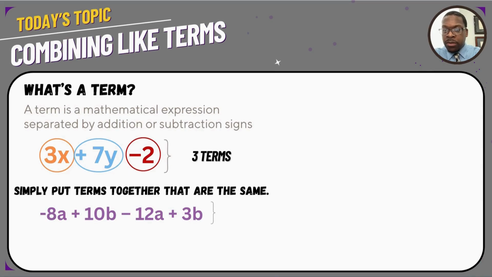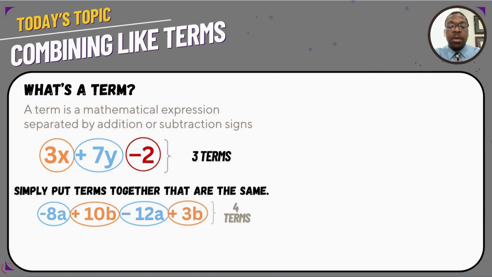Our first term is negative 8a, and we'll put that in blue. Our next one would be positive 10b, and we'll put that in orange. Our next one, right next to it, would be negative 12a, and we'll put that in blue because it matches with something else. And then we'll have our last one, positive 3b, and we'll put that in orange as well.